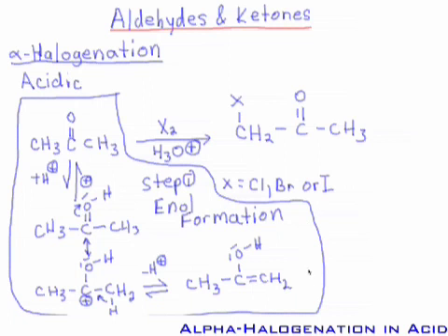And you should also note that this is a slow step, partially due to the low concentration of enol. So step 1 is our slow step. Let's take a look at step 2. Step 2 is the alpha-bromination itself, and it occurs fairly rapidly. Alpha-halogenation, let's use bromine.